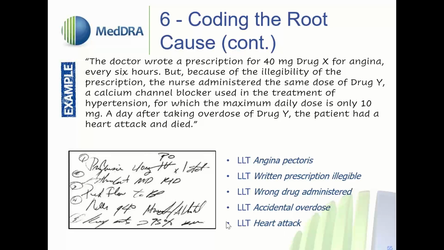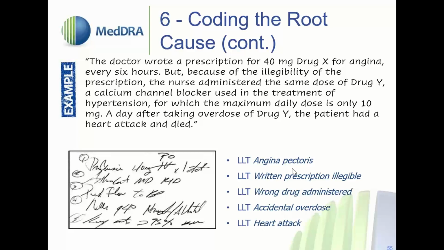So what actually needs to be captured here? At first, the underlying disease and indication for use, which would be the angina, right? Then the illegible written prescription. As you can see here, we have the LLT written prescription illegible to capture that. Next, the resulting medication errors, or the administration of the wrong drug and the accidental overdose.